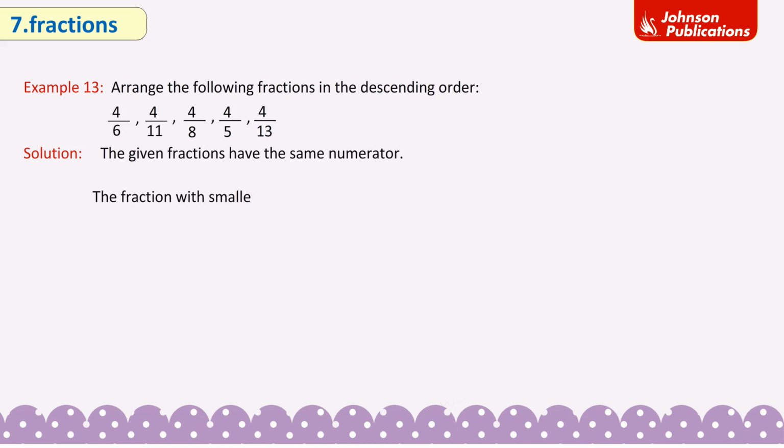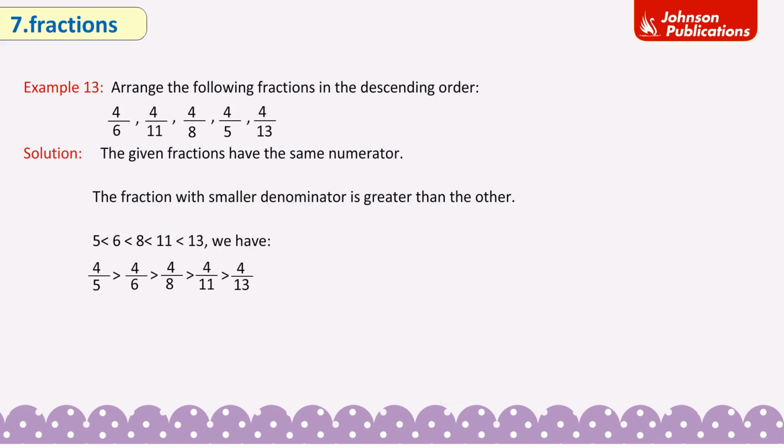The fraction with smaller denominator is greater than the other. 5 is smaller than 6. 6 is smaller than 8. 8 is smaller than 11 and 11 is smaller than 13. We have 4 by 5 greater than 4 by 6, 4 by 6 greater than 4 by 8, 4 by 8 greater than 4 by 11 and 4 by 11 greater than 4 by 13.